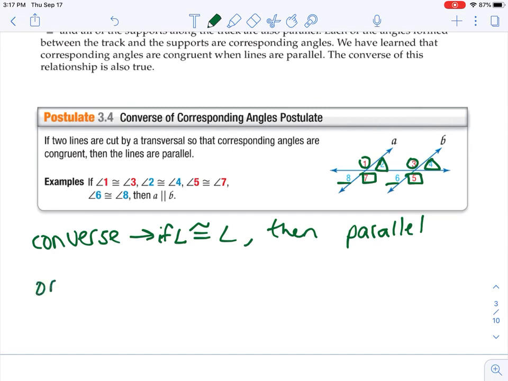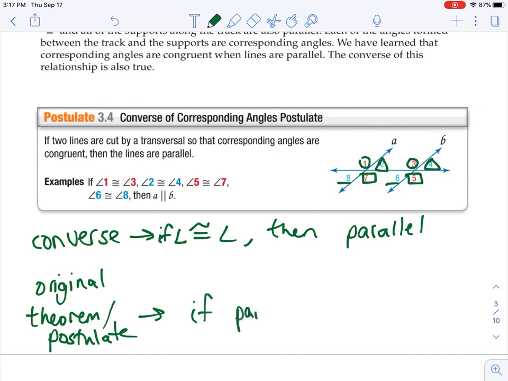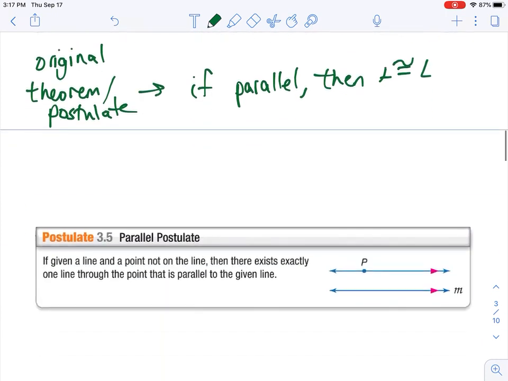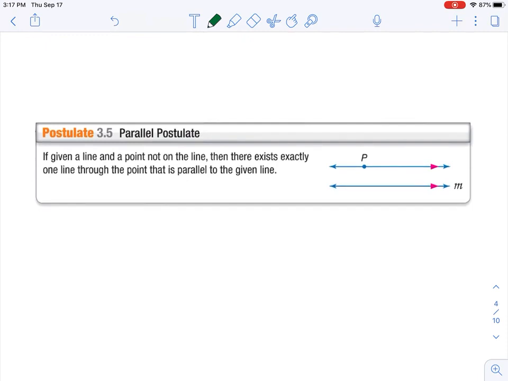Originally, for our original theorems and postulates, if we had parallel, then we could find congruence. So it's very similar to what we started with, but just backwards.